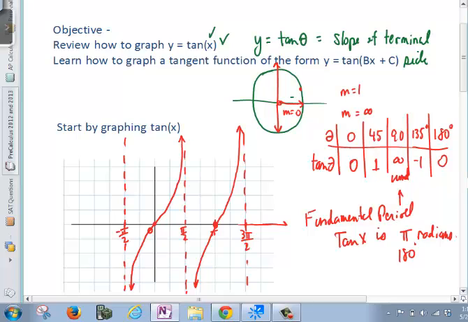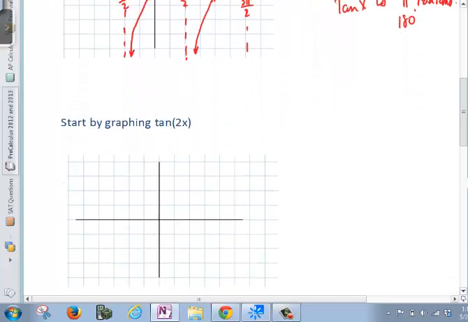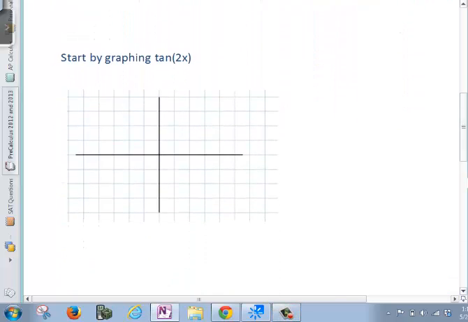So using that information, we're going to plot a function that has a change in its period. So what we want you to do is write out what the amplitude would be, that's 1. What the frequency value would be, that's 2.